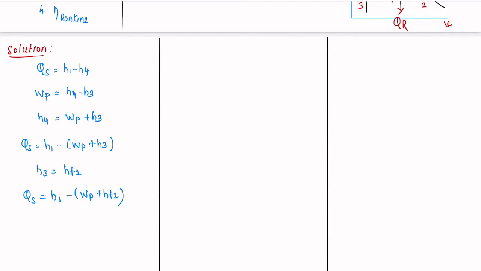Now we have to find the value of Wp, that is the pump work. We know that Wp is equal to H4 minus H3, and the value of H4 minus H3 can be written as P4 V4 minus P3 V3.